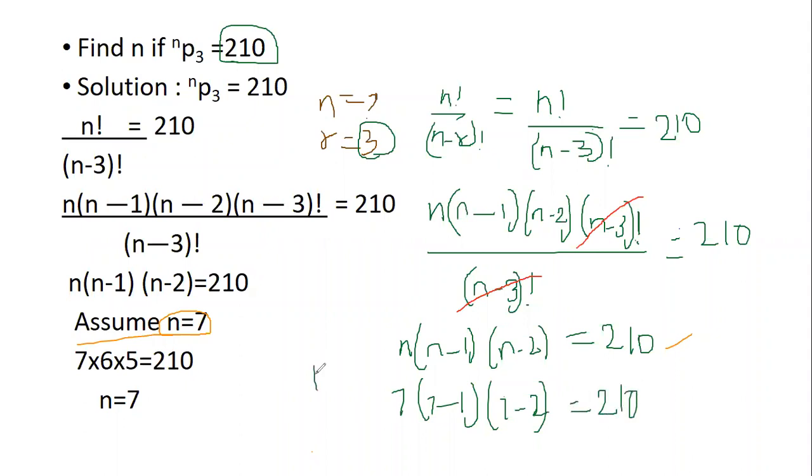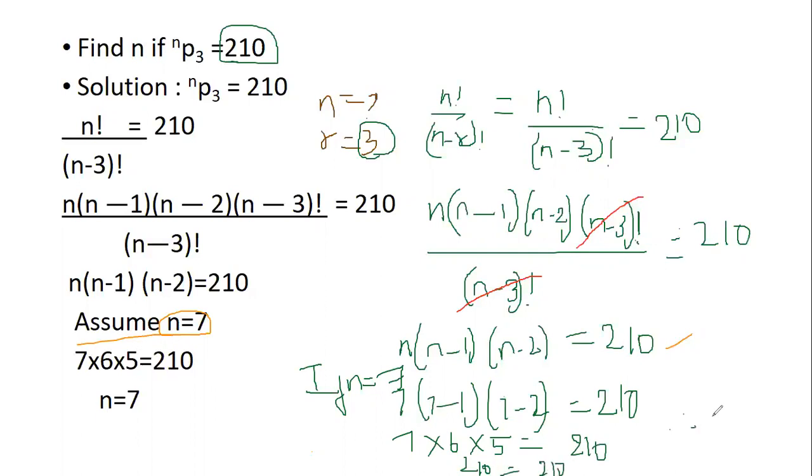So here if n is equal to 7, so 7 remains, 7 minus 1 is 6, 7 minus 2 is 5, is equal to 210. 210 is equal to 210.